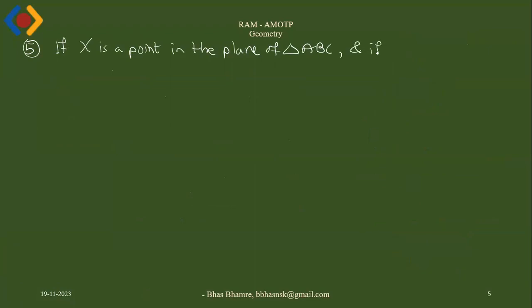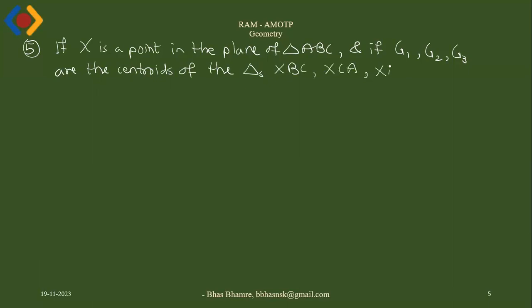And if G1, G2, G3 are the centroids of the triangles XBC, XCA, XAB respectively, then triangle G1G2G3 is similar to triangle ABC. This is again a typical result.